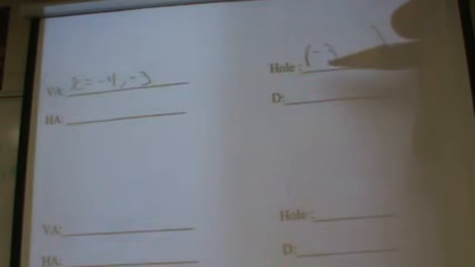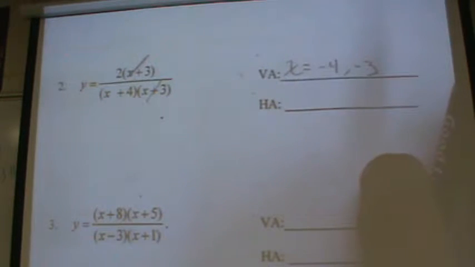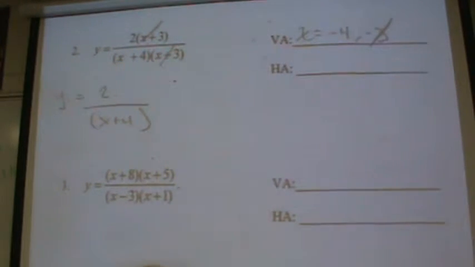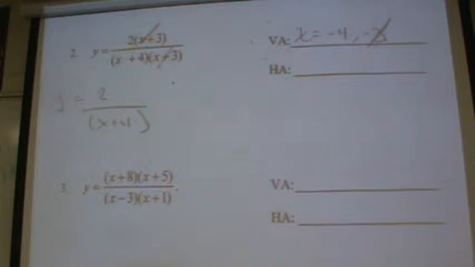This is the part I don't understand. How do you plug negative 3 in, after you reduced it? What's left? Write the equation y equals 2 over x plus 4. So you're going to cross out negative 3 with your vertical asymptote. Cross that out. And now plug negative 3 into that simplified function.